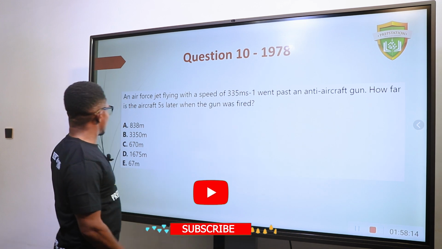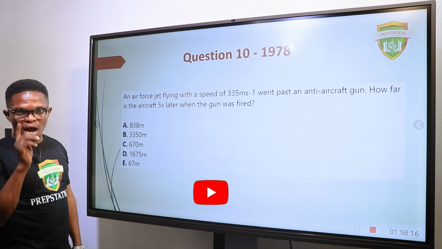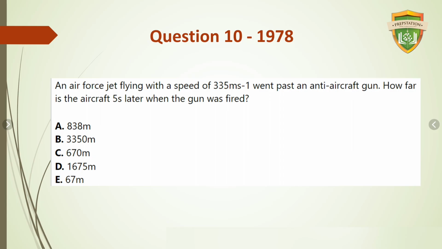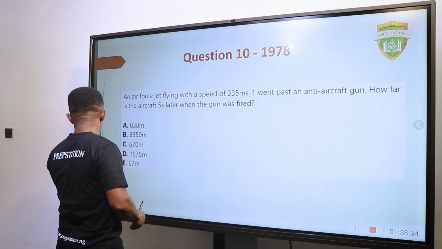Okay, let's quickly look at the last question and then we move to another topic. An Air Force jet flying with a speed of 335 meters per second went past an anti-aircraft gun. How far is the aircraft 5 seconds later when the gun was fired?